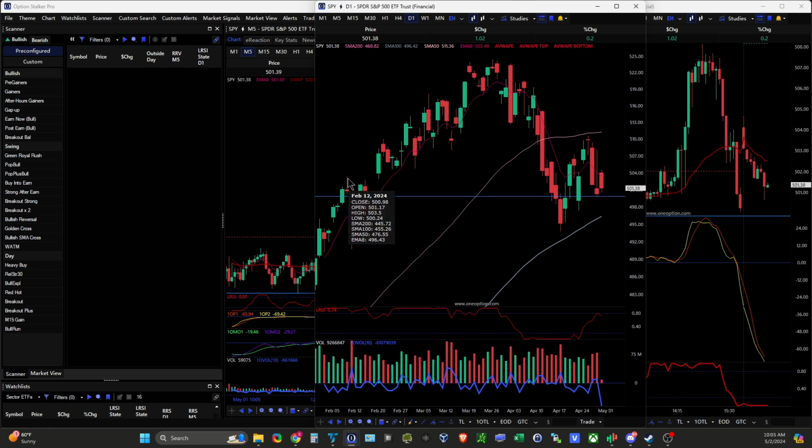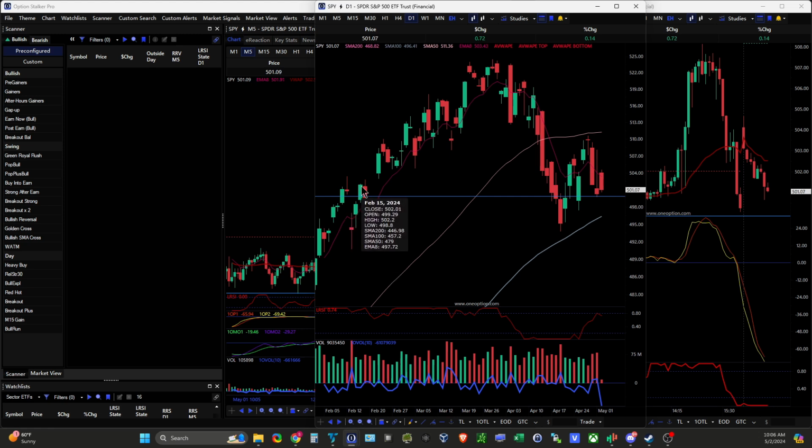It would have looked exactly like this candle, but instead it sold back down, made a bearish hammer, not good, gapped all the way down here. Okay. So we have one rejection from the 500 level. Now, like I said before, it is not an exact price level. It is an area. So I would consider that to be one rejection.